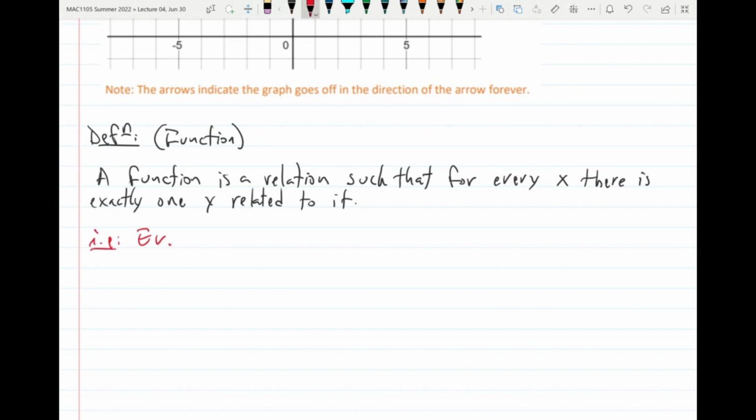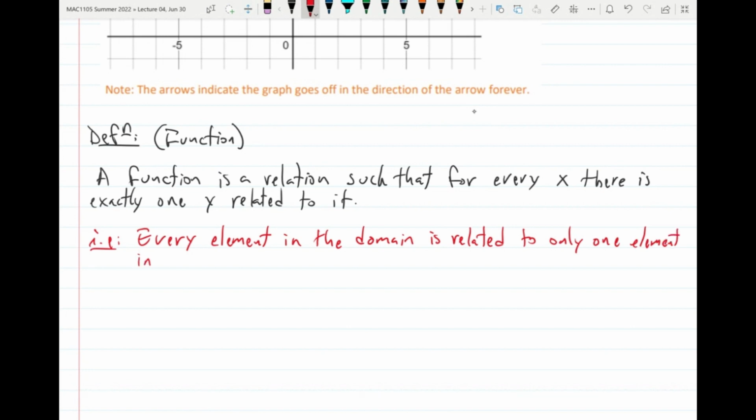So every element in the domain is related to only one element in the range.